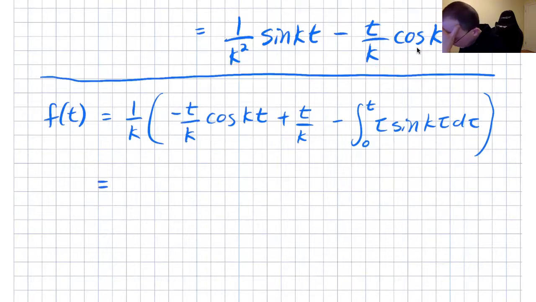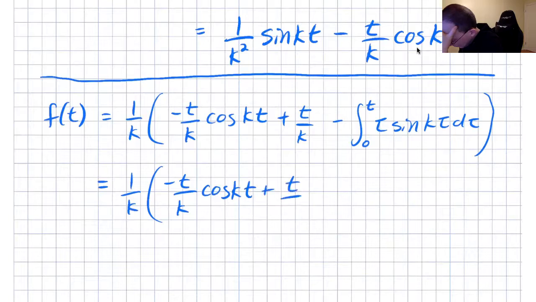So I'll just plug that in. So that'll become minus 1 over k squared sine kt plus t over k cosine kt.